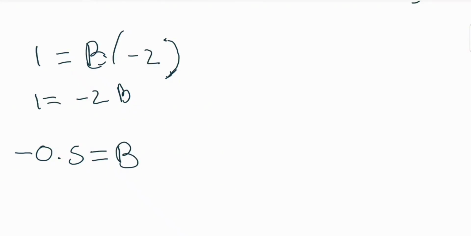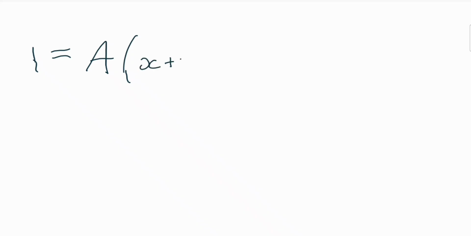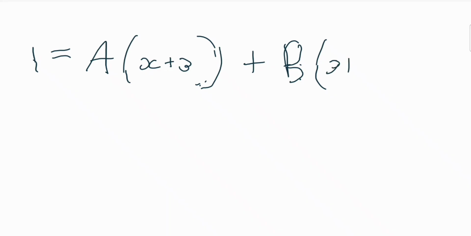Okay, now we want to find a. Okay, so 1 is equal to a times (x plus 3) plus b times (x plus 1). Great.